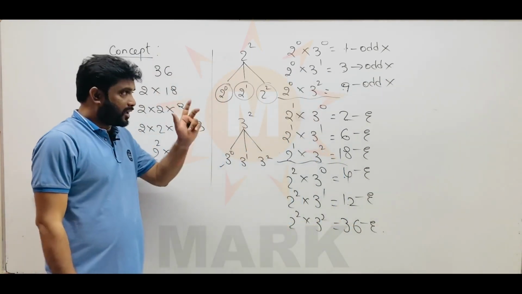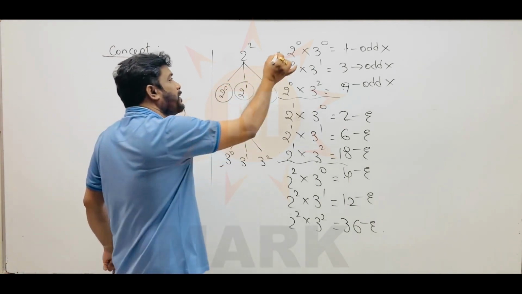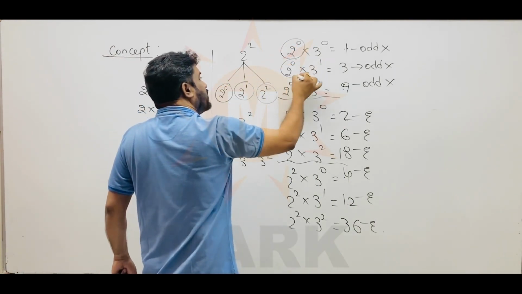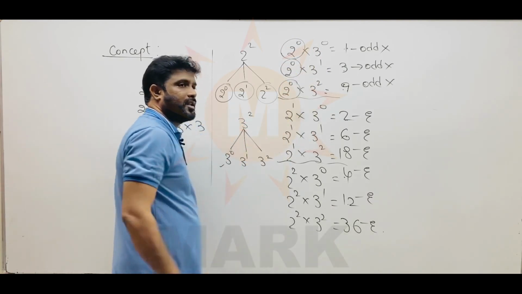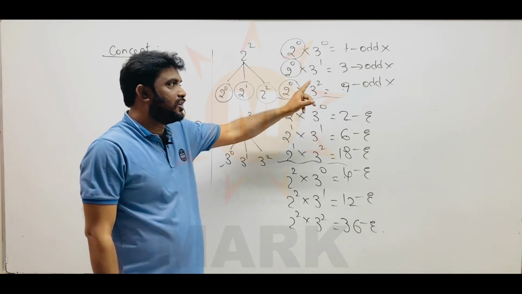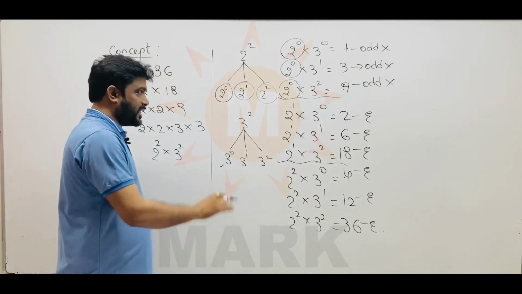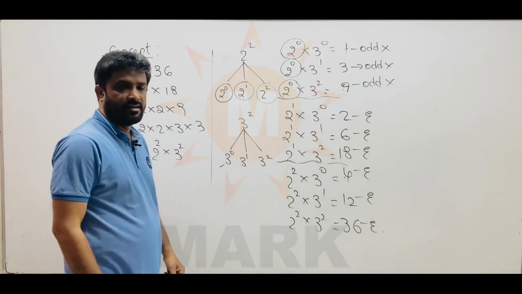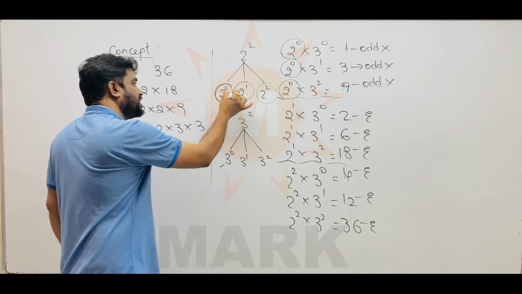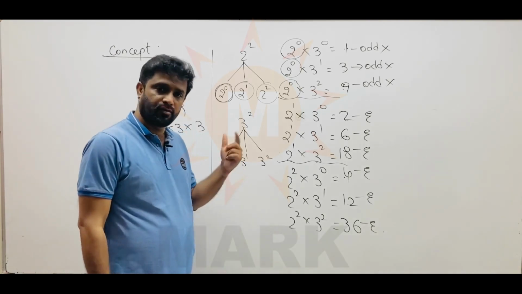Right? So the concept is, my dear friends, wherever 2 power 0 is involved, in that product only you are getting odd numbers, and we don't want odd numbers. So in the entire process, wherever 2 power 0 is involved, we have to skip that plus 1 process. In the shortcut also, we will discuss.